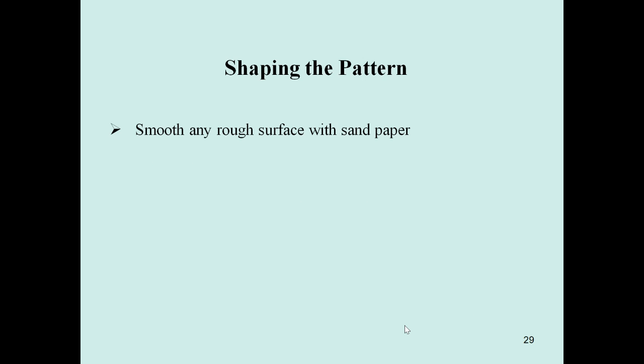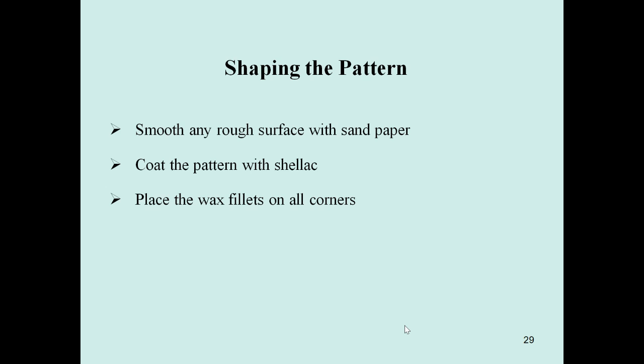Next, smooth any rough surface with sandpaper. If you find any rough surface, make it smooth. Next, coat the pattern with shellac. By using shellac material, we can make a coating on the pattern.